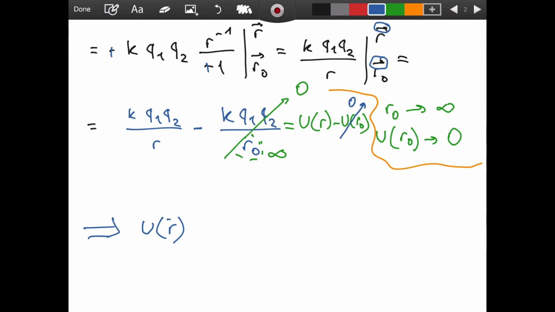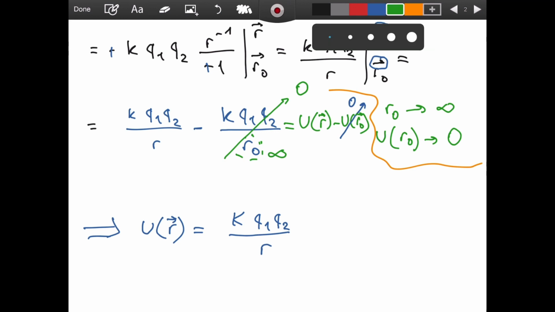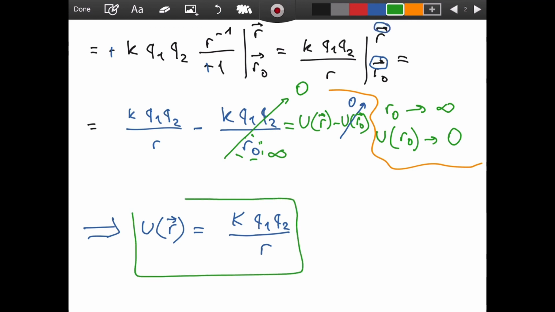It is going to be, and you can put the vector for the argument, it doesn't really matter, k times q1 times q2 divided by r. This is the formula that you can use while analyzing the electric potential energy of point-like particles.